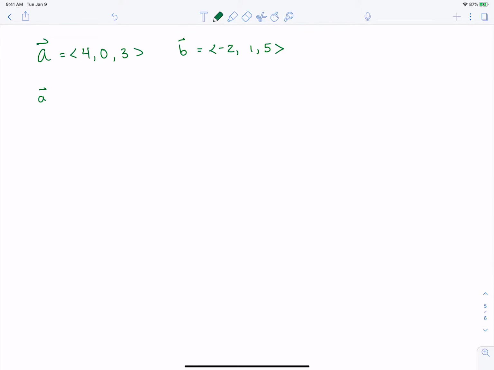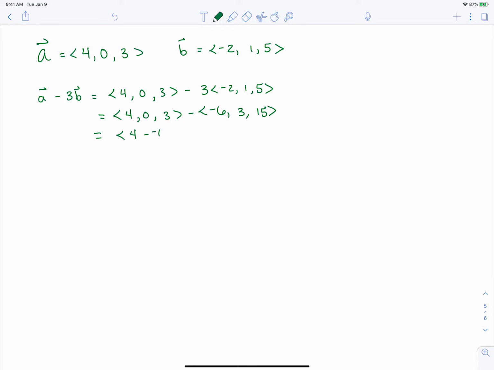So again, like I said, if you're doing just a simple vector operation like a minus 3b, it's exactly what you think, that it's going to be vector a minus 3 times vector b. So we're going to get 4, 0, 3, doing nothing to that one, and then minus negative 6, 3, and 15, and then we just subtract the components.